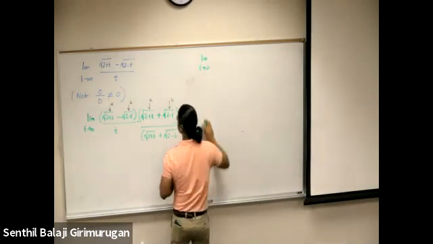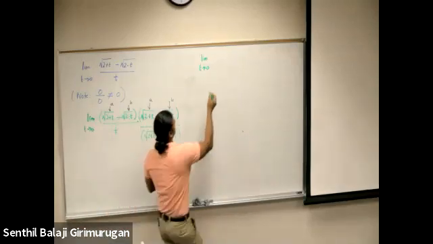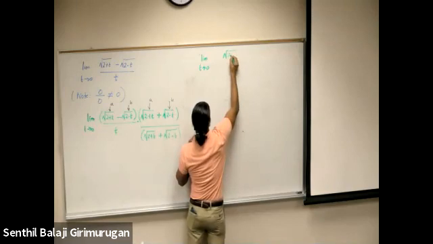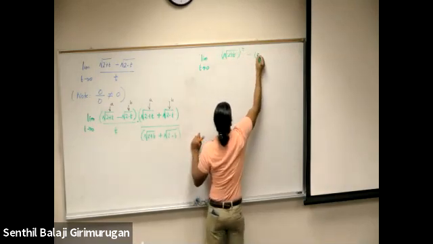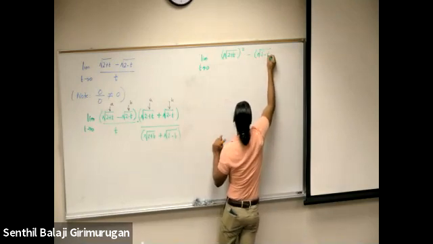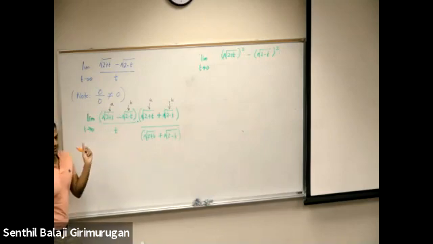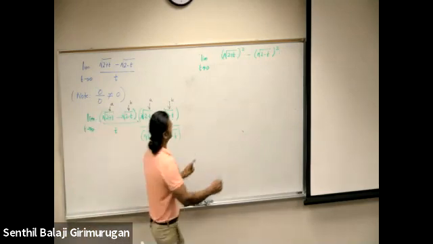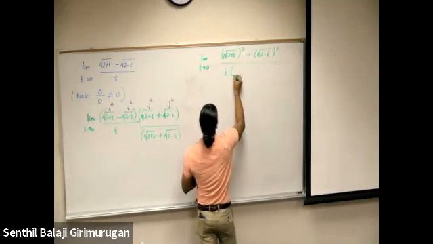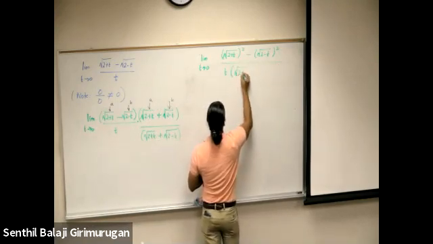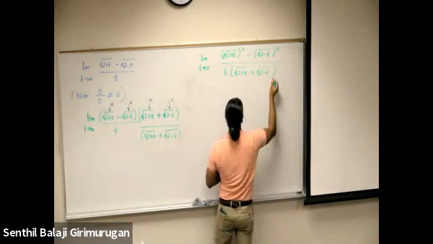A squared minus B squared. So that's the square root of 2 plus t squared minus the square root of 2 minus t squared, divided by t times the square root of 2 plus t plus the square root of 2 minus t.